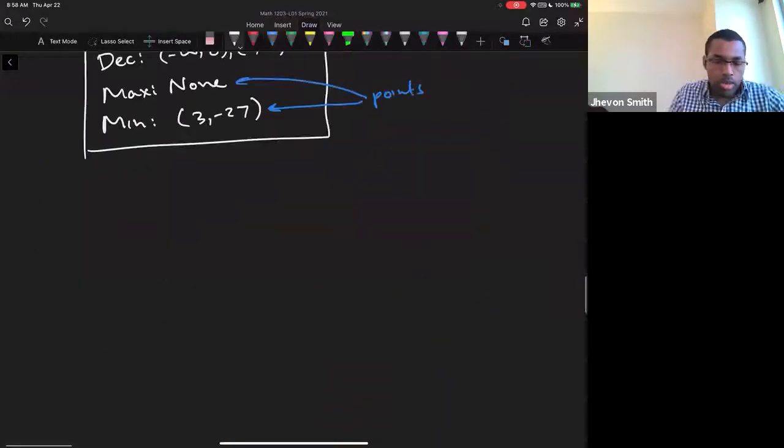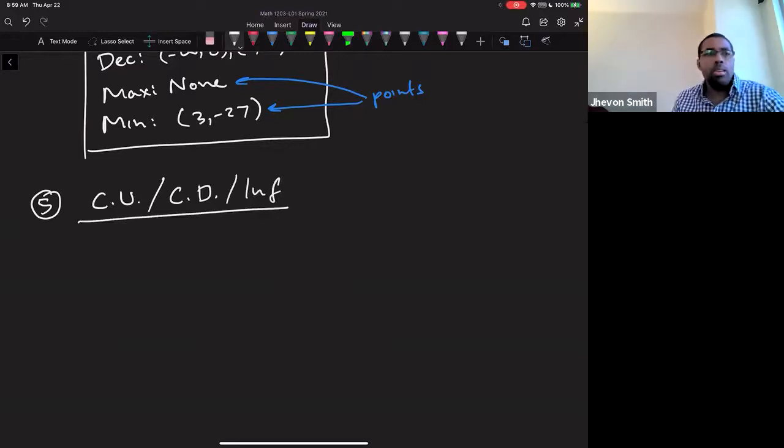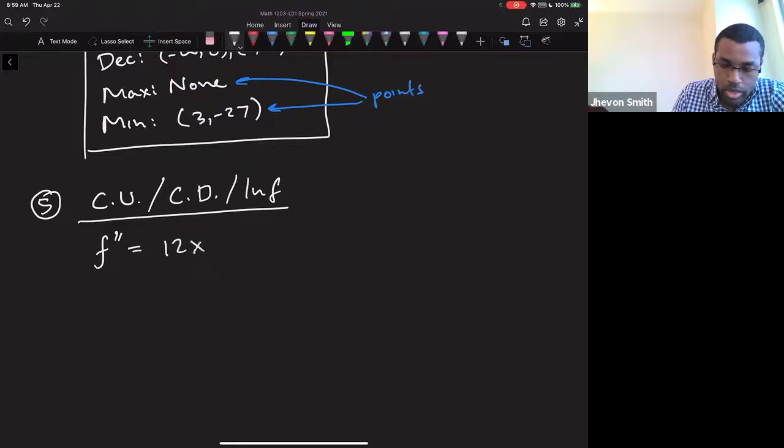Okay, so we move on to the next stage, which is stage 5. This is where we care about concave up, concave down, and inflection points. And for that, we will use the second derivative. The first derivative was 4x cubed minus 12x squared, so the second derivative is going to be 12x squared minus 24x.